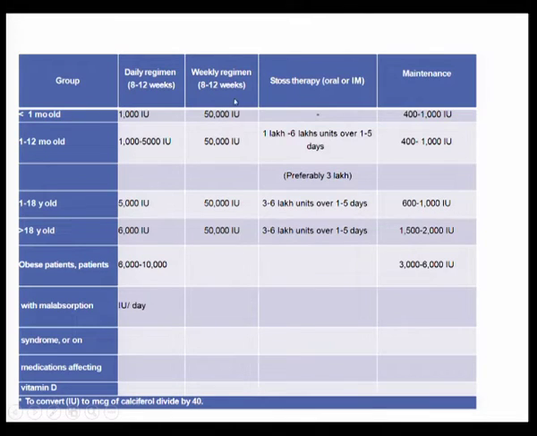Then the weekly regime: you target how much maximum the person needs to be supplemented. For a week you can have 50,000 units, and then for a month it goes on. Once you stabilize the availability of vitamin D and are trying to reverse the deficiency symptoms, you put them on a maintenance dosage of 400 to 1000 units.